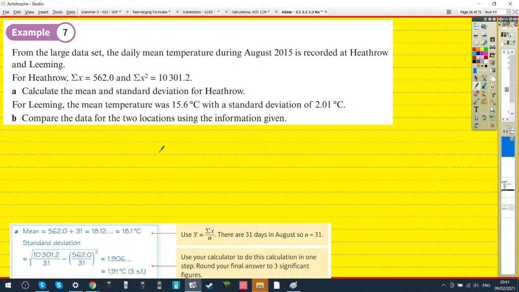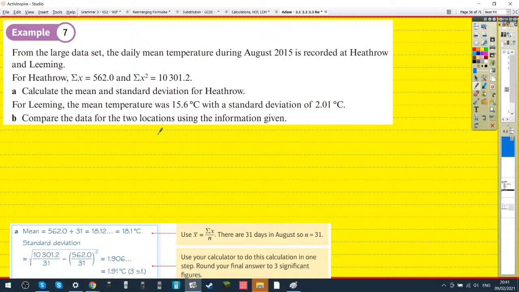Okay. So we're comparing Heathrow and Leeming. Compare the daily mean temperature in Heathrow with Leeming.